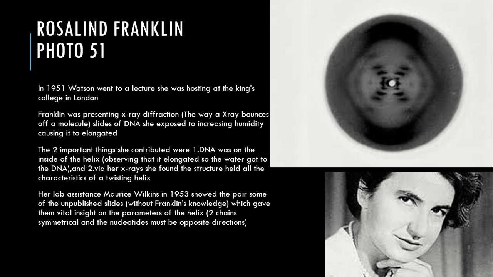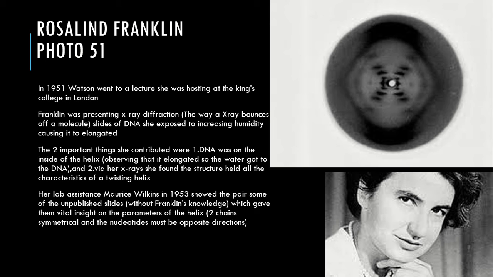So Photo 51 is the photo you see on the screen of the circle thing, one of her more famous slides. In 1951, Watson went to her lecture at King's College in London, where she was presenting slides which she had captured using X-ray diffraction. The slides were of DNA she had exposed to increasing humidity, causing it to elongate.